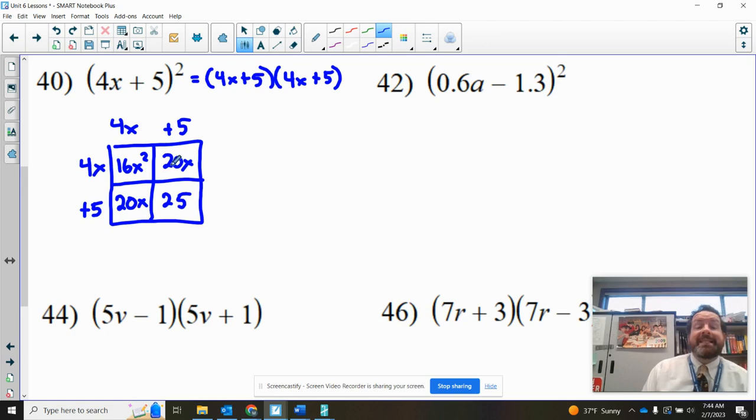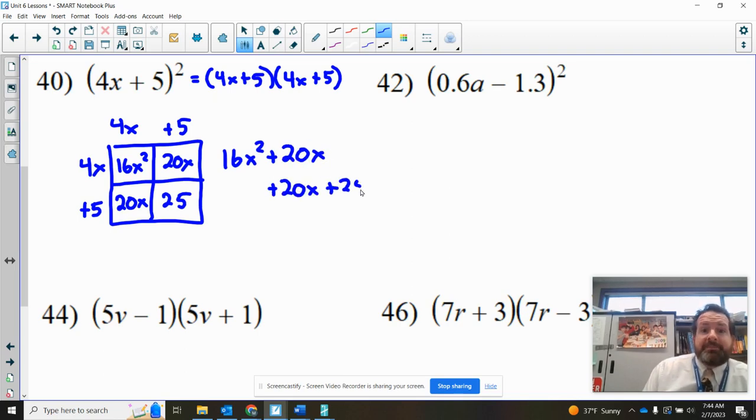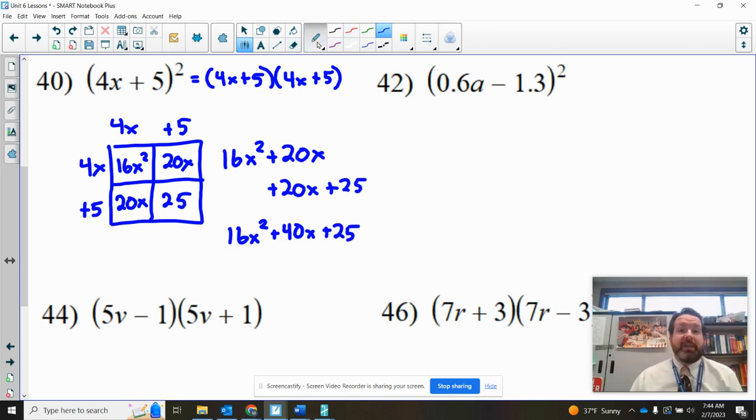Now notice this time, it's the exact same number. Not one positive and one negative, but the exact same number. So no canceling to 0 this time. So plus the 20x's, plus another 20x's, plus the 25. So altogether, 16x to the second, 20 and 20 gives me 40x's with the plus 25 on the back.